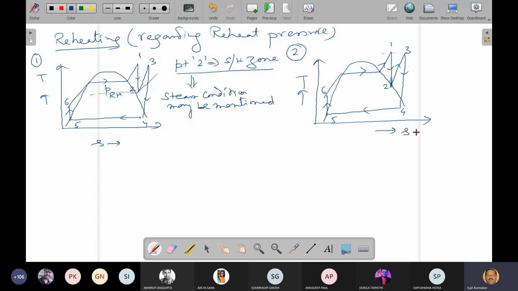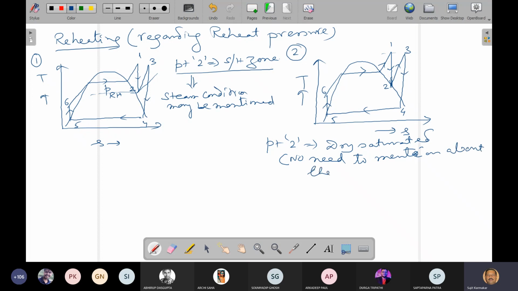So in this case point number 2 is dry saturated. And if it is dry saturated, no need to mention the P reheat. We can calculate it very easily, because already you know that S1 is equal to S2.